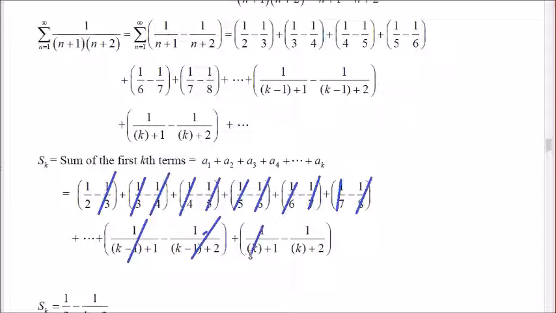So the only thing left is 1/2 minus 1 over k plus 2. Therefore the sum of the first k terms is 1/2 minus 1 over k plus 2.